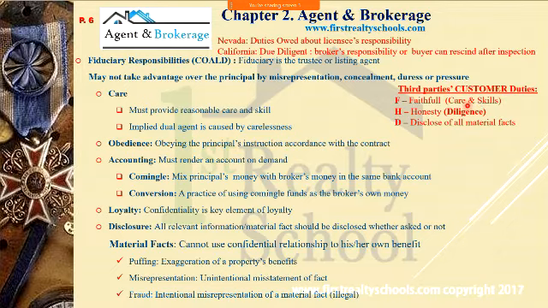Nowadays most buyers are customers only because they don't give you authorization or sign a contract with you. But the seller is normally the principal because they sign a listing agreement with the broker company. Once they sign it, that means they authorize that particular broker as an agent. However, the buyer is just a customer.